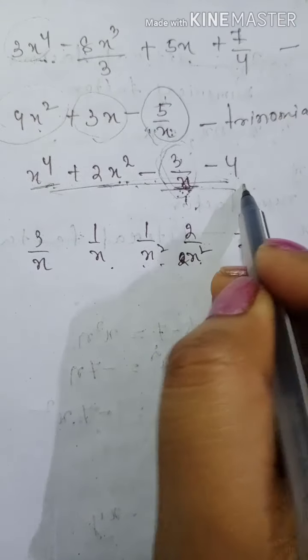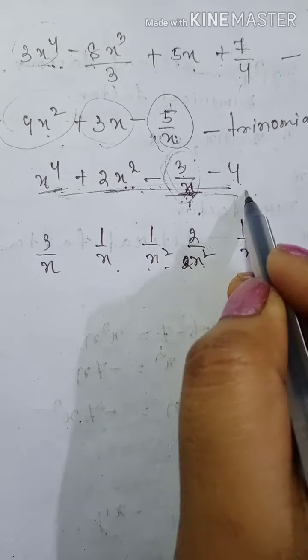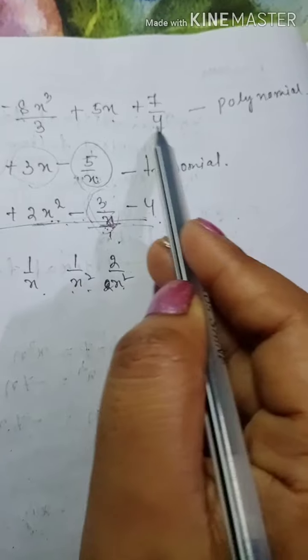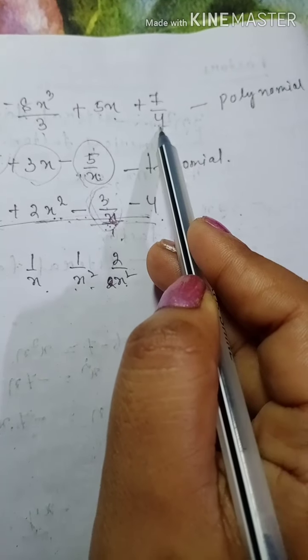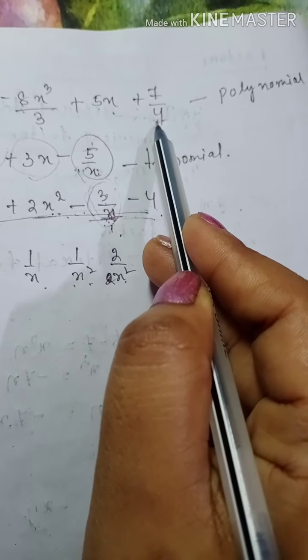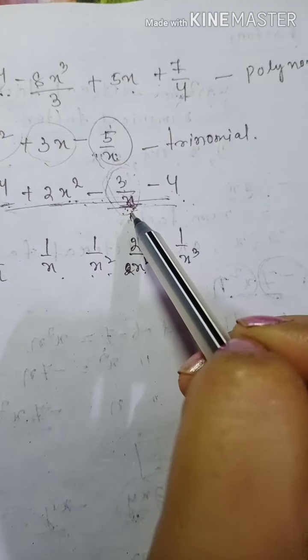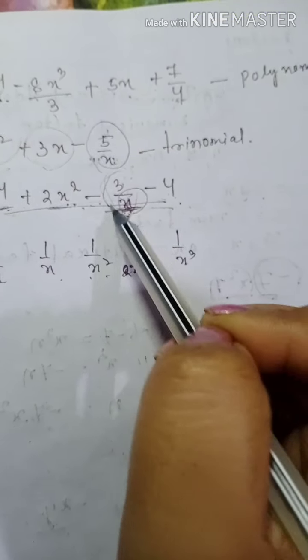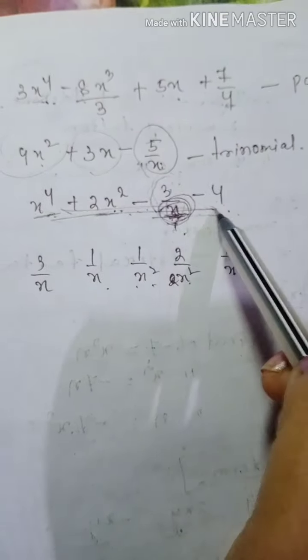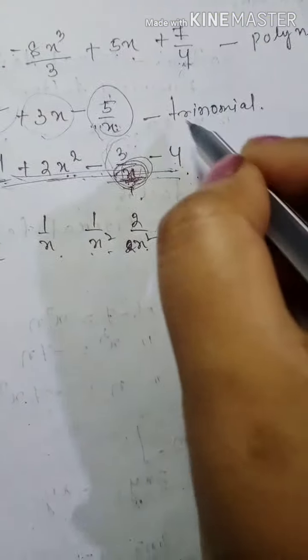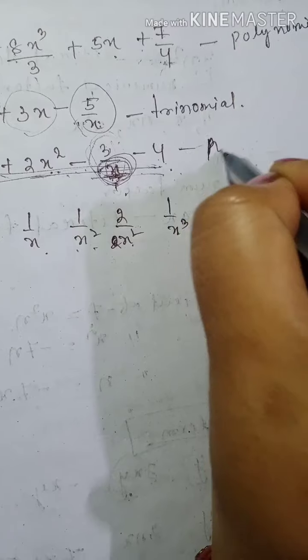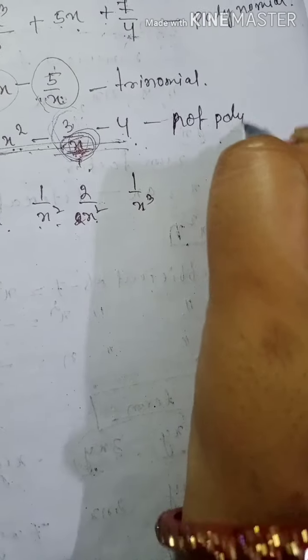In the earlier case, a number is present in the denominator, so it is a polynomial. But here 3 by x, where the denominator is a literal variable, so it is not a polynomial. Okay.